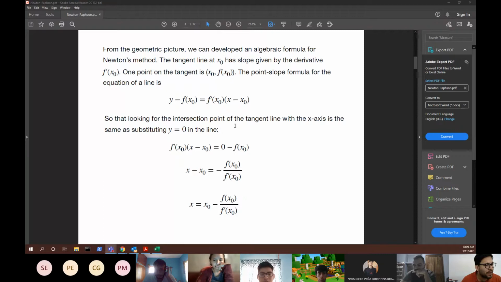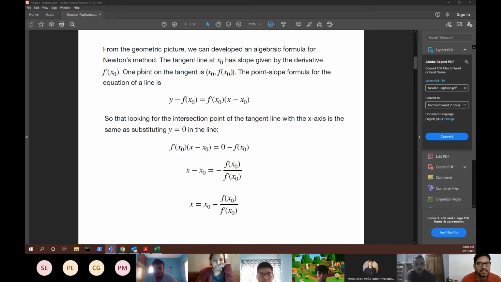Do you remember la función de la línea entre dos puntos? Remember that it was y menos y1 igual a x2 menos x1 sobre y2 menos y1 por x menos x1. ¿Se acuerdan? Algo así.